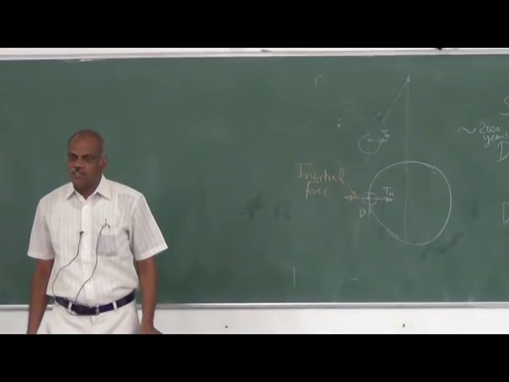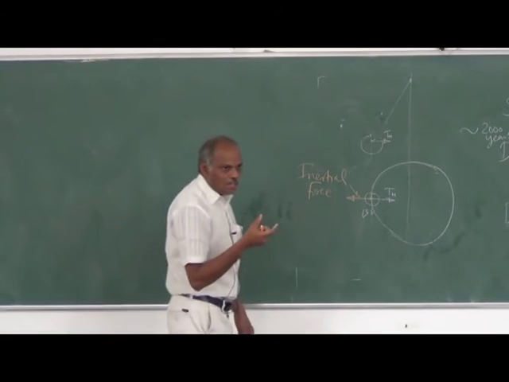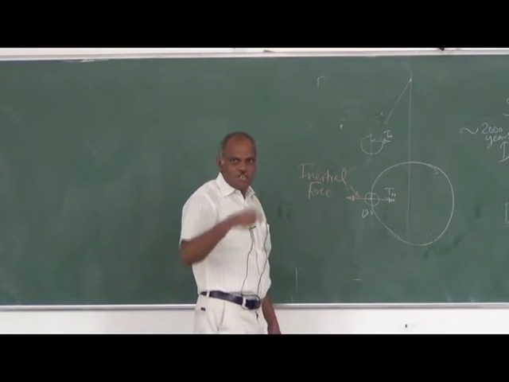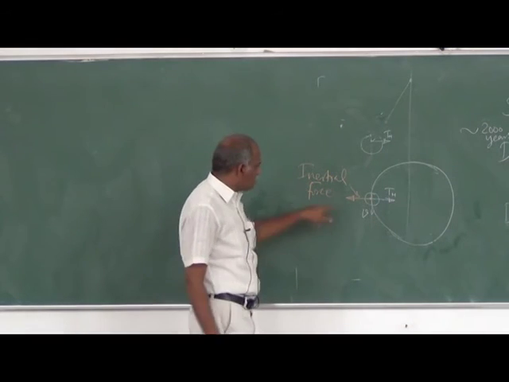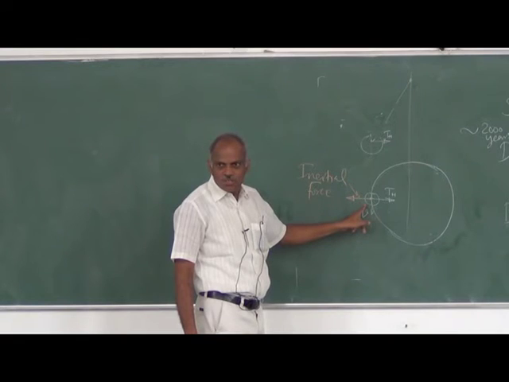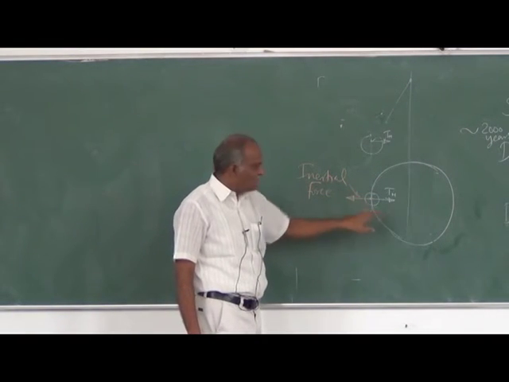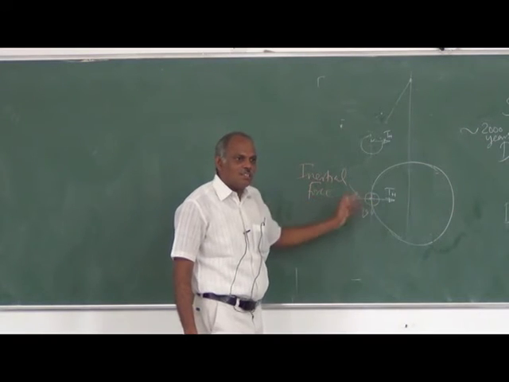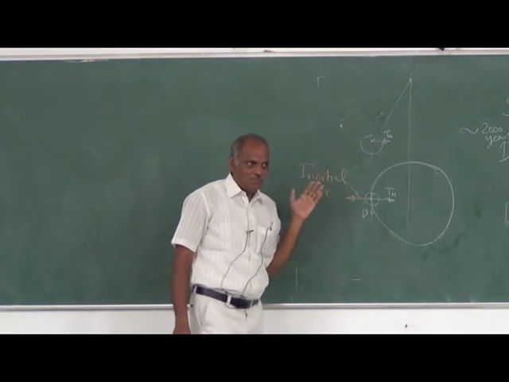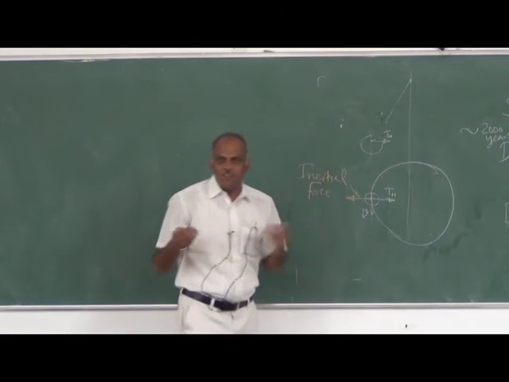D'Alembert suggested to introduce in the dynamics problem a fictitious force, an imaginary force like this. When I introduce such an imaginary force, you see that the system is in equilibrium. If this has to be in equilibrium, what is the condition?